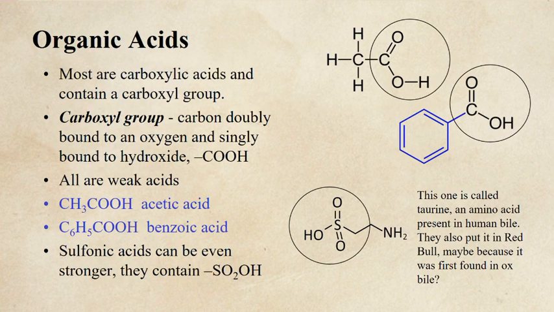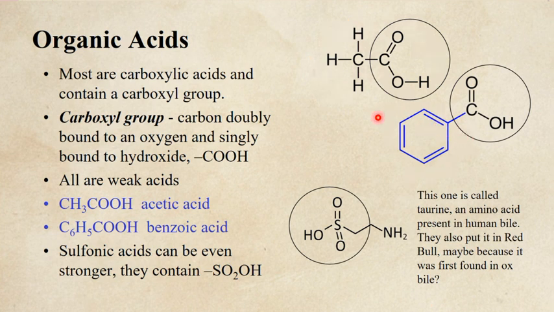Organic acids are mostly topical for us. We'll see them in images. We may have to define them based on an image, and so we need to be comfortable with what constitutes them. Most of what we'll see will be carboxylic acids, which are the circled acids here and here. And what you see among them is this: the group attached to the carboxyl group can be any structure that could bond to it.